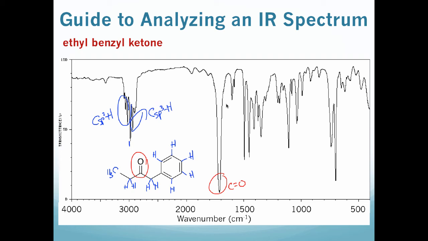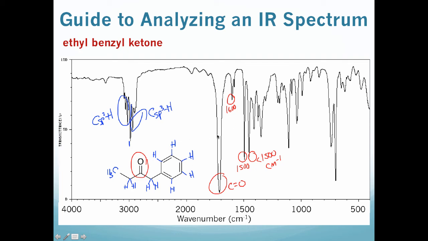The first is this stretch right around 1600. Then we have one right at 1500 and one just less than 1500 wave numbers. These three signals are representative of an aromatic ring.